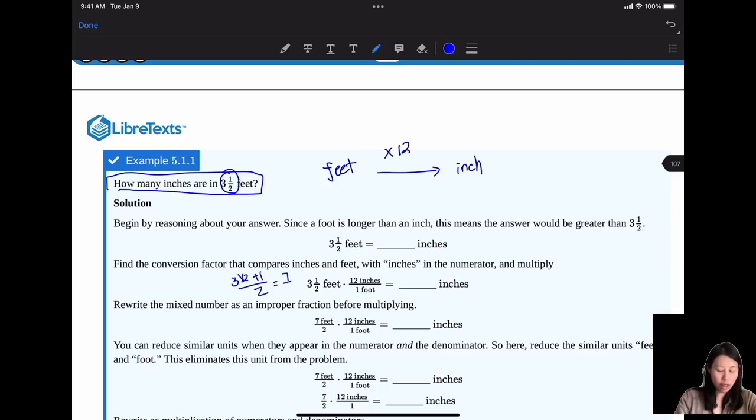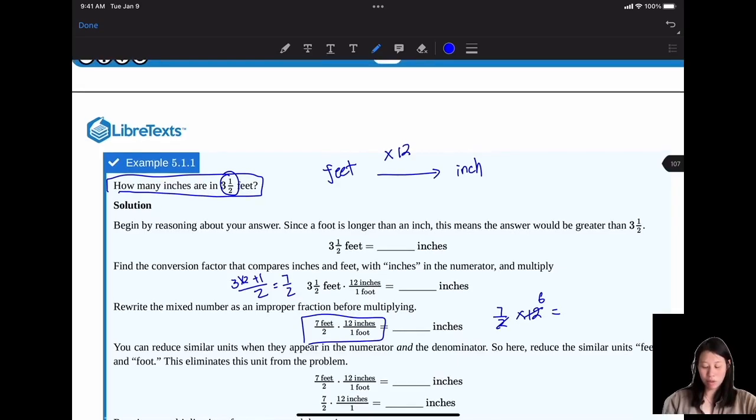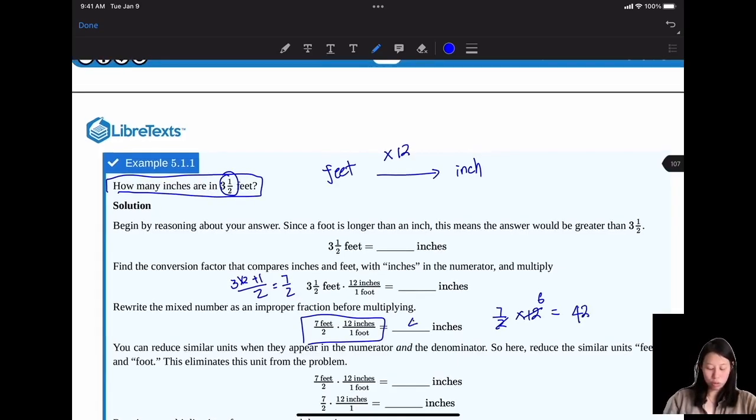Which gives you 7/2. So 3.5 feet is equal to 7/2 feet. Now we use 7/2 feet times our conversion factor of 12. So we simplify it, and we have 6 times 7, which is 42. So 3.5 feet equals 42 inches.